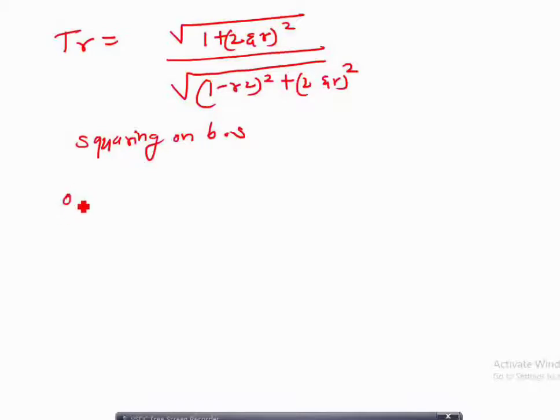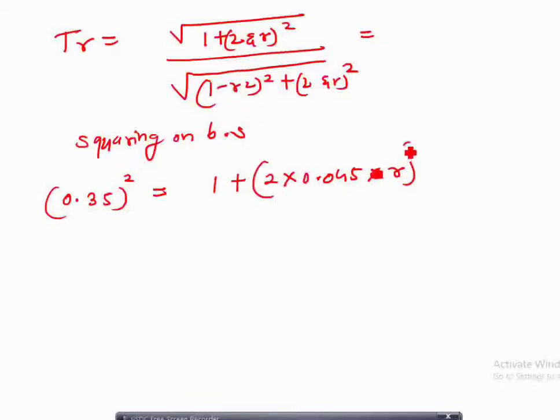So what is TR? TR is equal to 0.35, so 0.35 bracket square. This square root will get removed. 1 plus 2 into zeta, and zeta is 0.045, so 2 into 0.045 into R, as it is, because we have to calculate R from this equation.